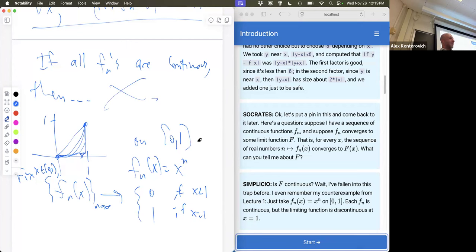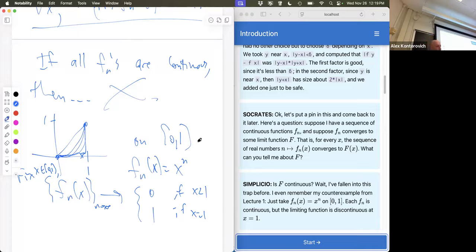And what do you think is the problem? My problem being, why can't we say that the limit is continuous? What breaks down? So, algebraic theorem?